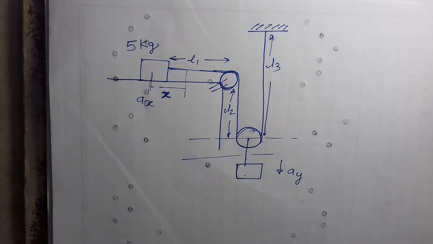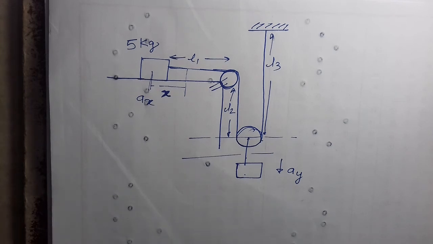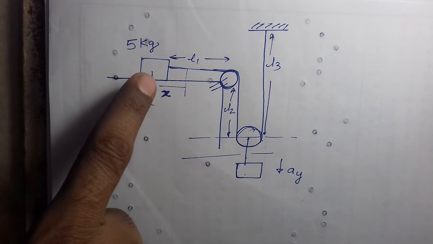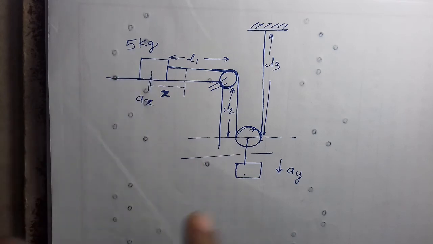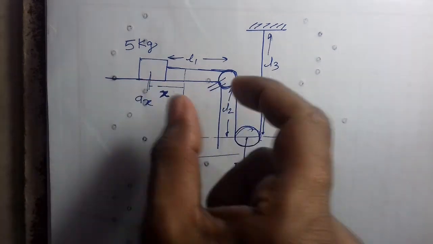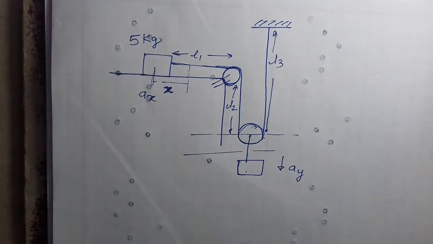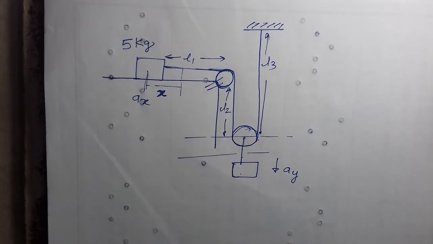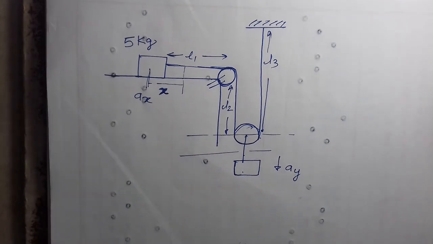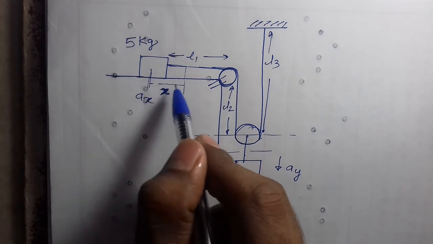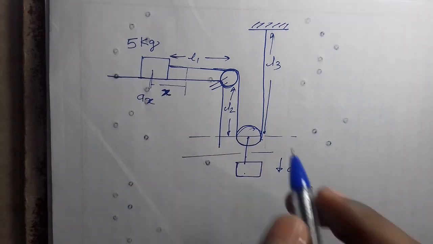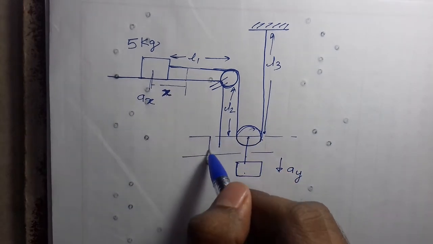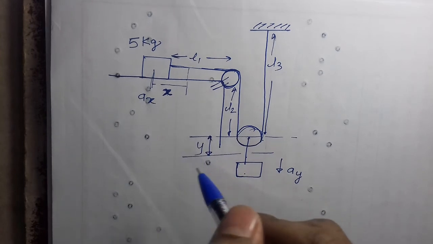Once again, what we have to calculate is the relation between the acceleration of this block and the acceleration of this block. I am assuming this length L1, this L2 and this length L3. Acceleration of this block is AX and acceleration of this block is AY. If this block moves forward by distance x, then this block moves downward by distance y.